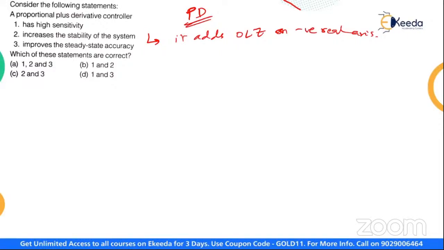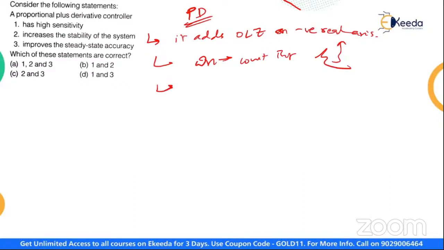Yes. So this is the first thing. Second thing is the undamped natural frequency remains the same and the damping ratio increases. Because of the PD controller, omega n remains constant, but zeta, that is the damping ratio, increases because of this.